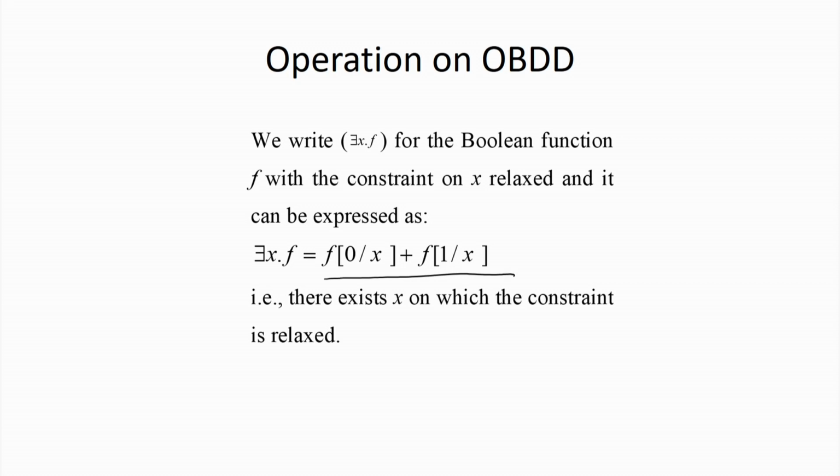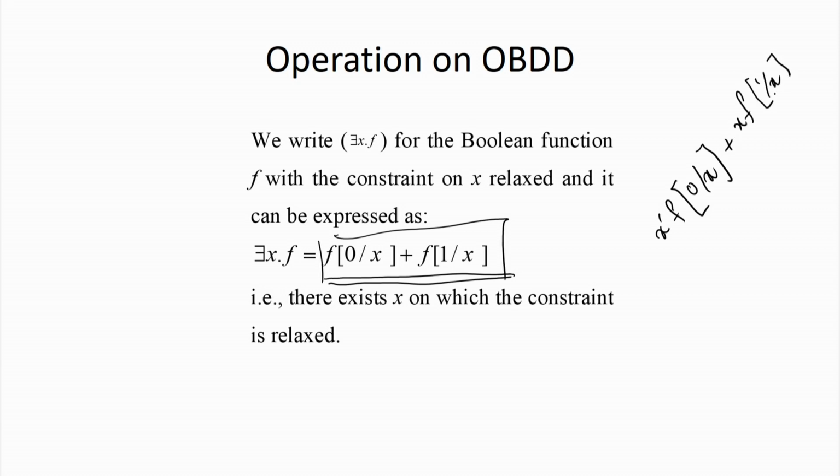In Shannon expansion, we get x bar times f with x replaced by 0, plus x times f with x replaced by 1.